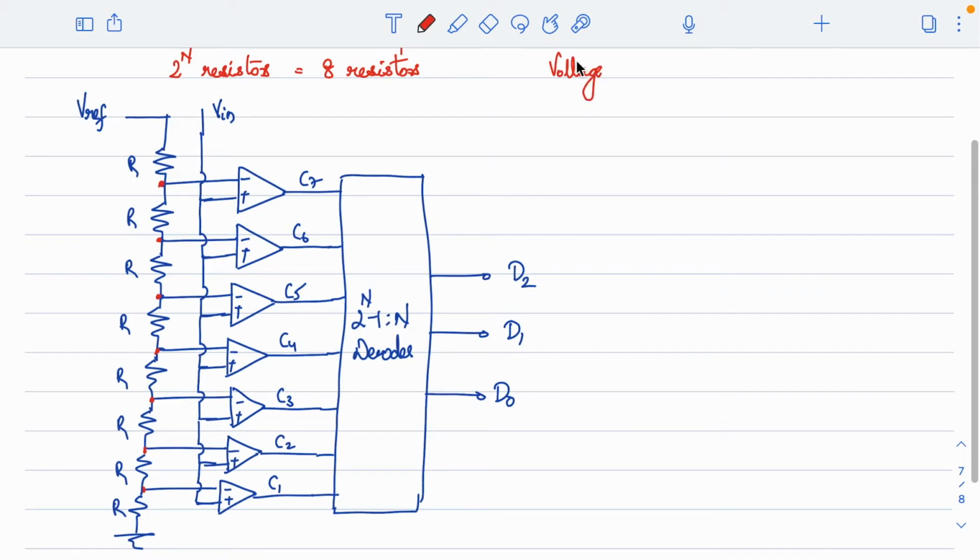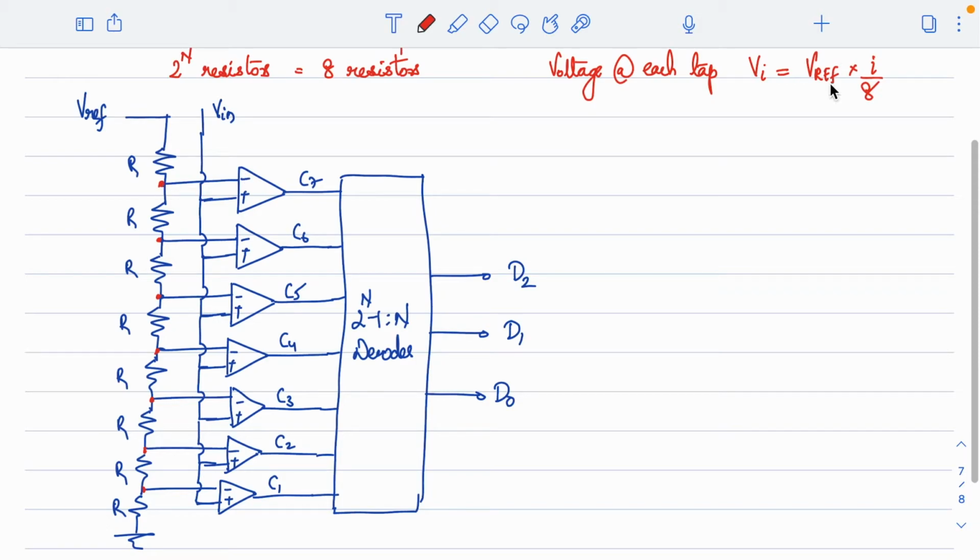The voltage at each tap of the resistor, if I call it VI, will be equal to the reference voltage into I divided by 8. The first voltage here will be the full VREF that we are taking, and from here onwards we will have the taps.